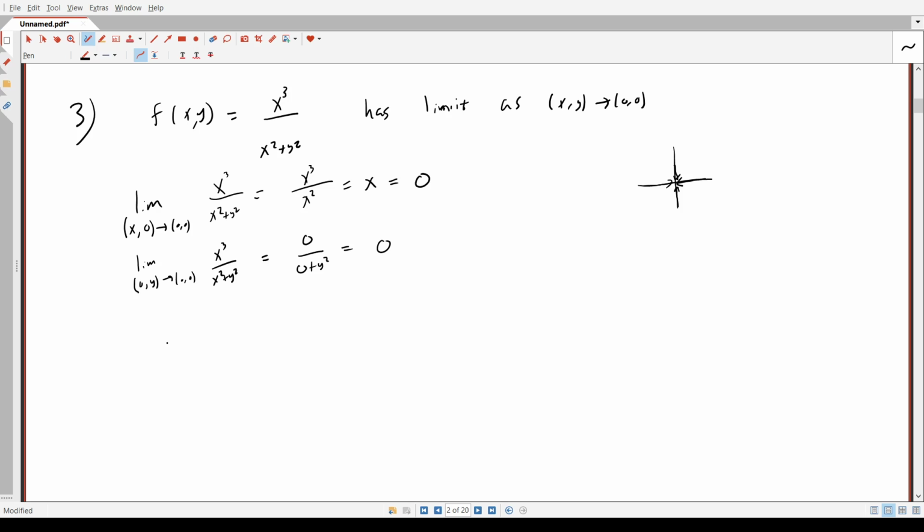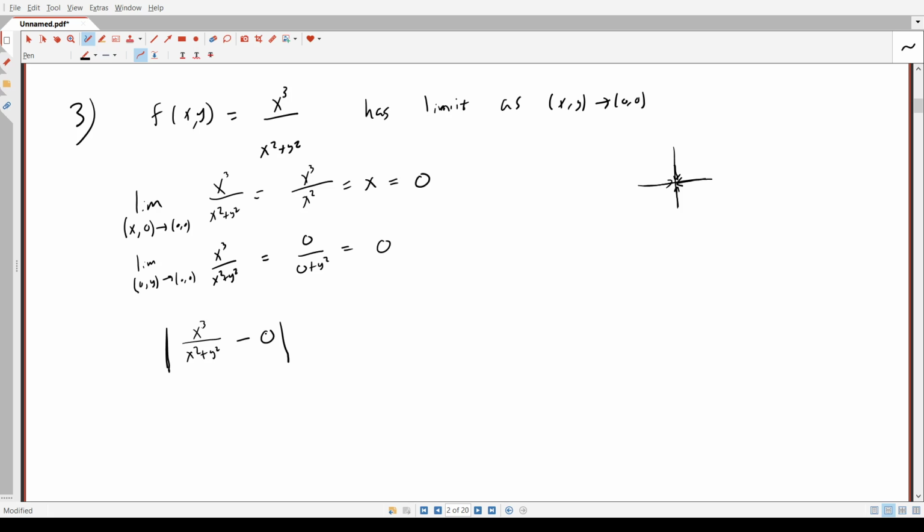Okay, so what I'm going to do is look at the difference between x cubed over x squared plus y squared and 0. I'm going to look at this difference, right? How far away is this value from 0?